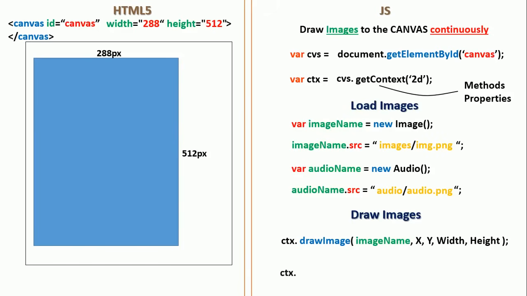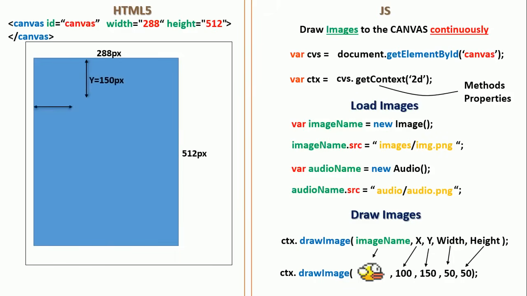Say, for example, we have the bird image, then we give it 100 pixels for the X position and 150 pixels for the Y position, and its width is 50 pixels, the height is 50. So here on the left in our canvas we will get something like this. So this is the Y position, this is the X position, and this is the height, and this is the width. So our image will be right here.